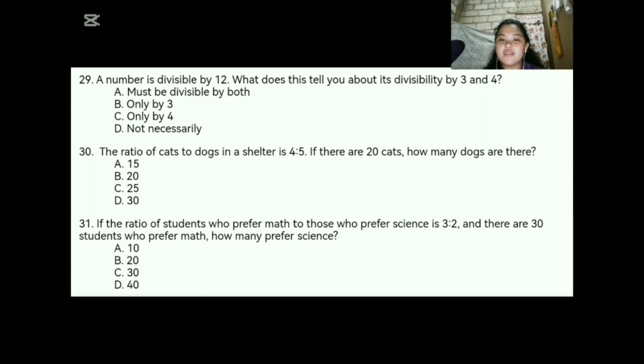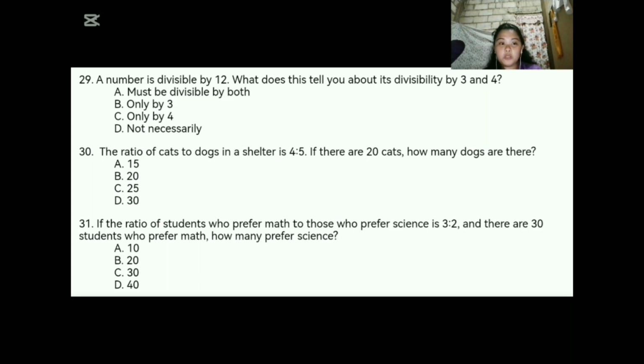So 20 divided by 4 is 5. When we get the answer 5, we multiply it by the ratio of dogs. So 5 times 5 is equal to 25. So the correct answer for this number is letter C, 25. It means that A, B, and D are all incorrect.